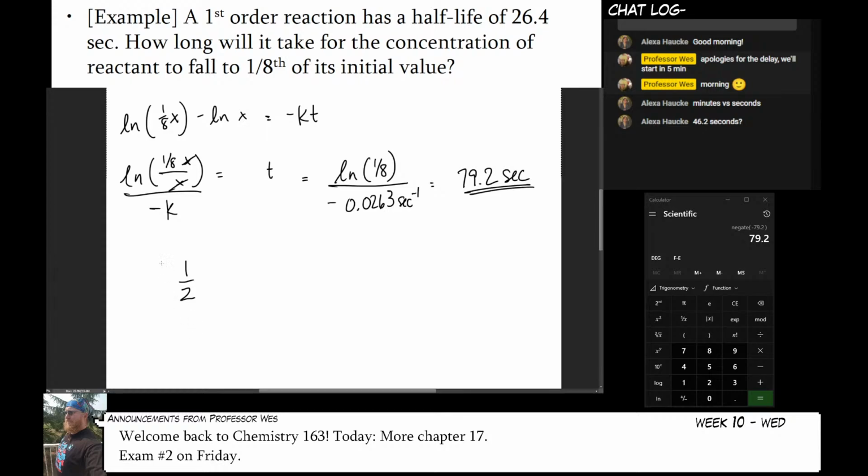After a half-life has passed, so I'm going to start with this much. I will have that much, right? What happens if I have another half-life? Well, what I started with will lose half of that, right? What will happen if I allow another half-life to pass?